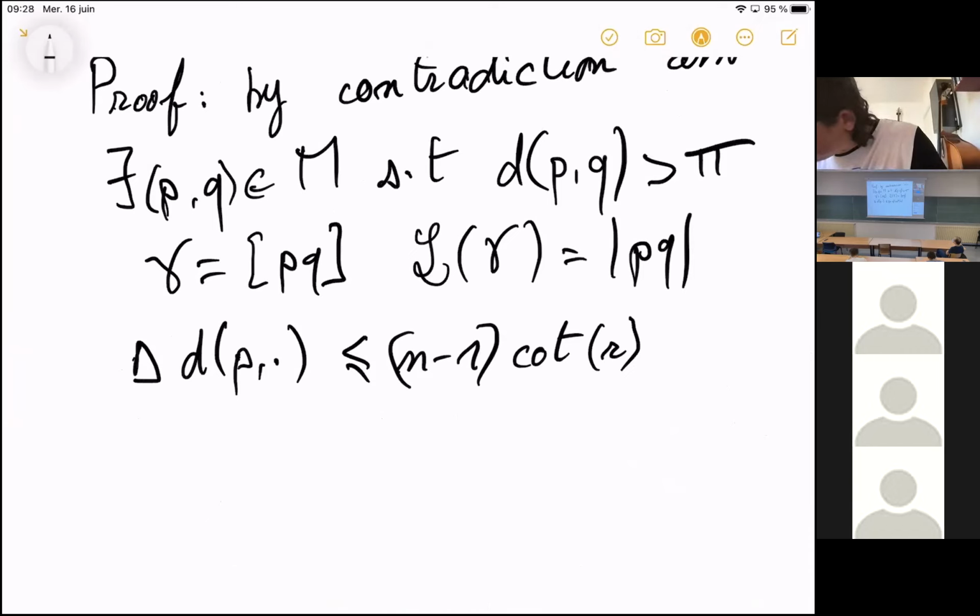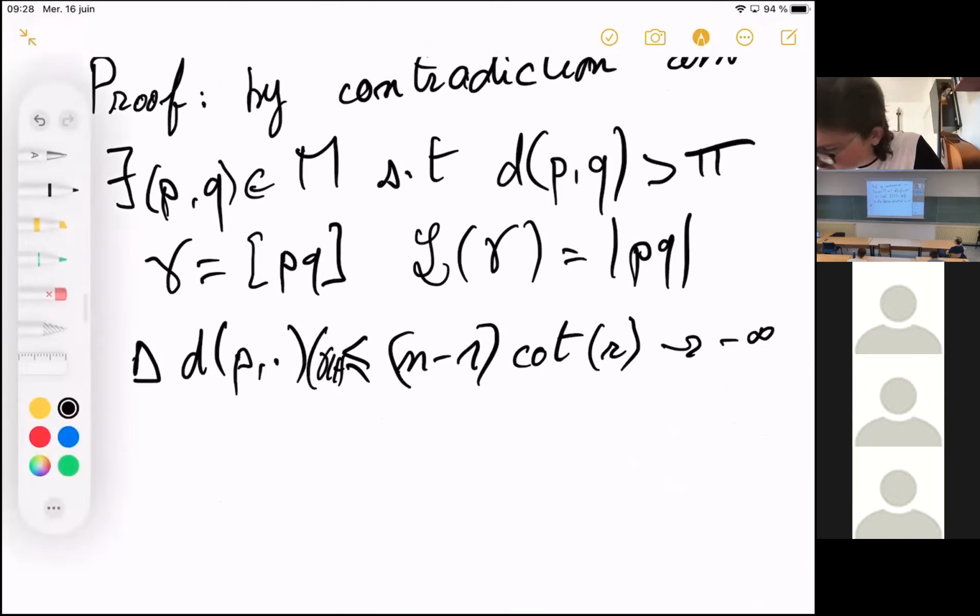And this goes to minus infinity as t goes to pi. Let me explain. I'm evaluating that at gamma of t. So this Laplacian of the distance function, you can look at it at gamma of t, since I take my geodesic parameterized by arc length.